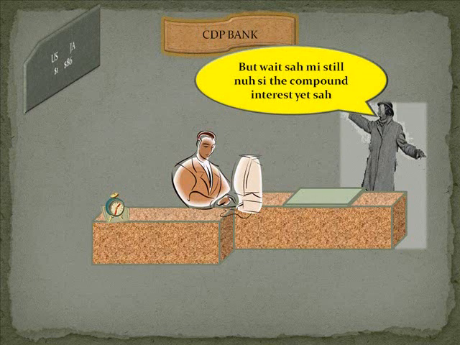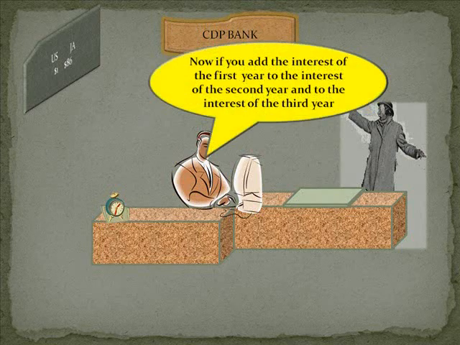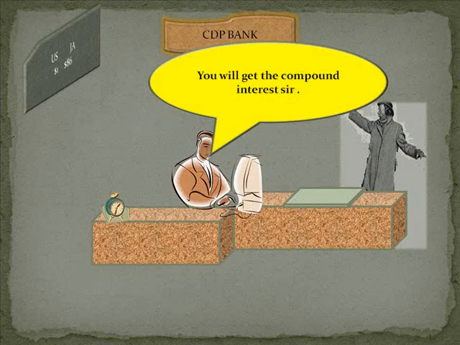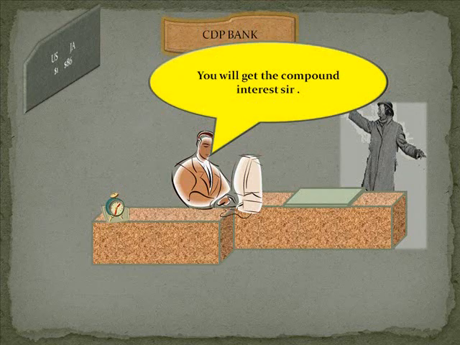But wait, sir, I still don't see the compound interest yet, sir. Now, if you add the interest of the first year to the interest of the second year and to the interest of the third year, you will get the compound interest, sir.